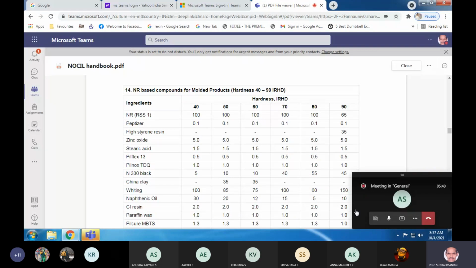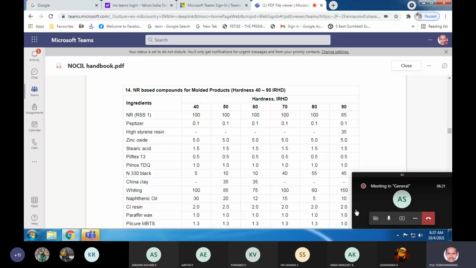Hardness is specified in IRHD. IRHD is the International Rubber Hardness Degree. The grade of rubber used is a sheet, and these 6 recipes must have been designed for open mill mixing.